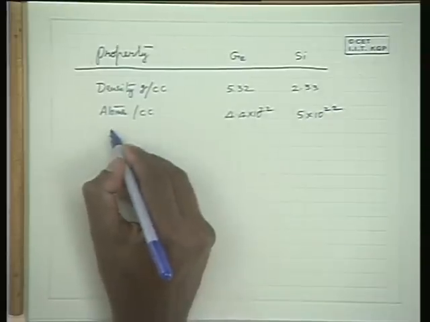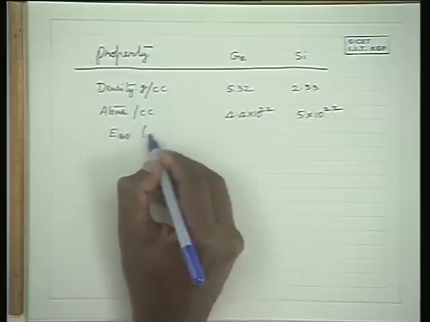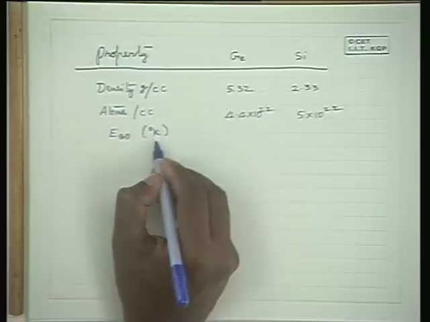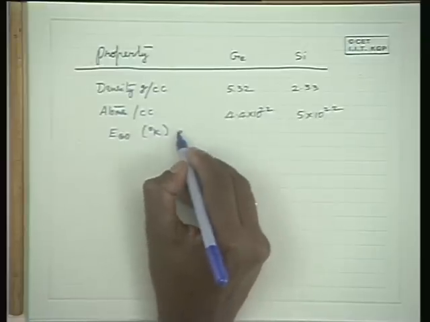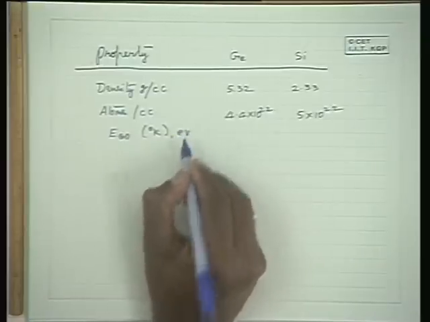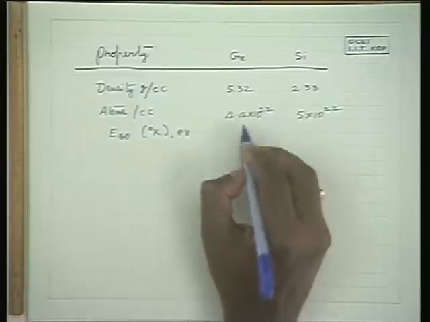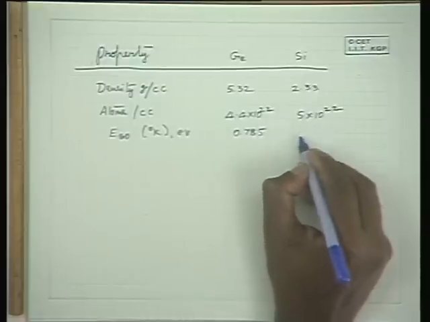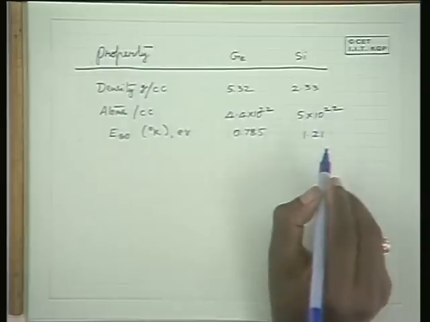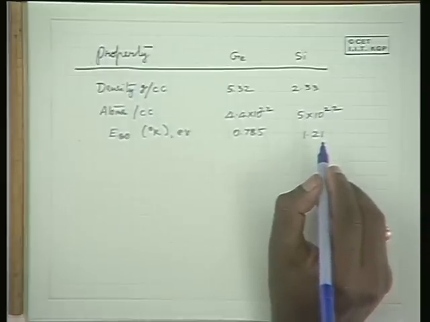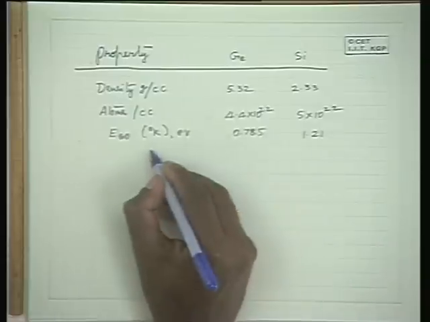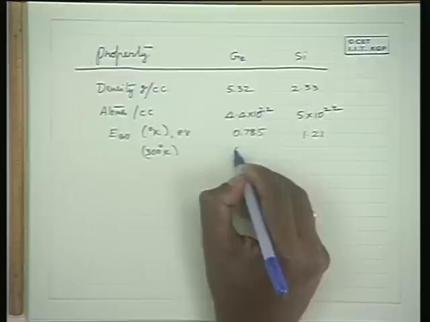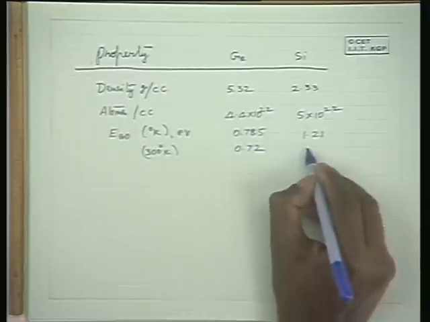The energy band gap at 0 degrees Kelvin, please note that it varies slightly with temperature, in terms of electron volts, is 0.785 in the case of germanium and 1.21 in the case of silicon. The same thing at 300 degrees Kelvin is 0.72 and 1.1.